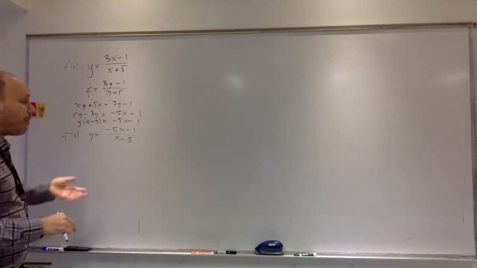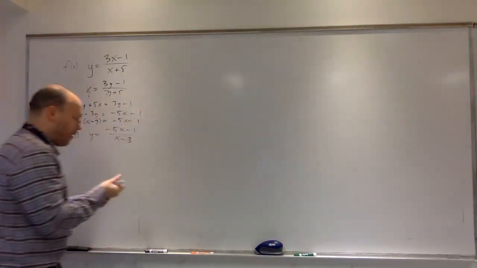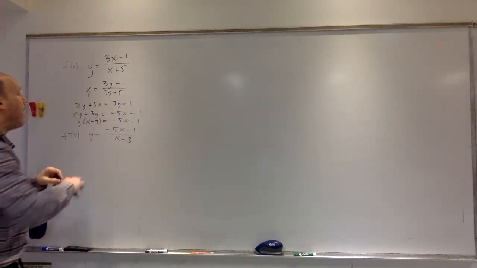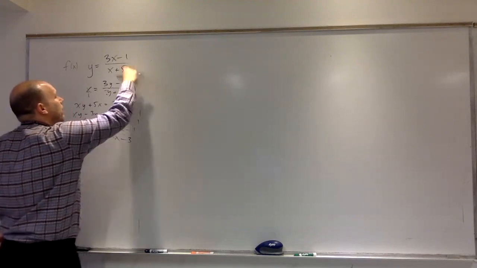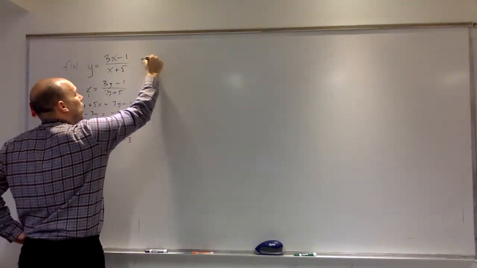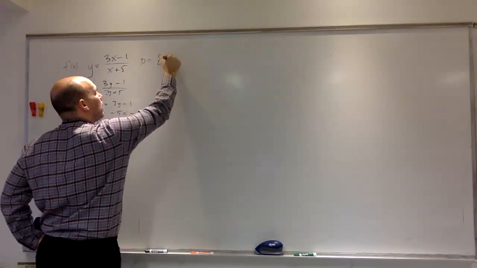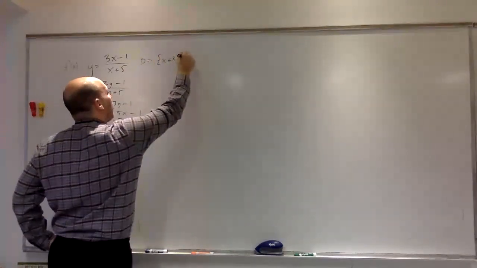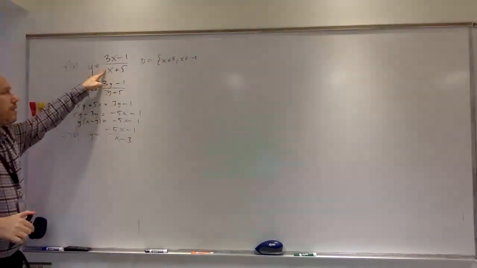The other interesting thing about the inverses is that it turns out that we see here that we said that the domain here was all x's, and x can't be negative 5, right? Because we can't have the 0 in the denominator.